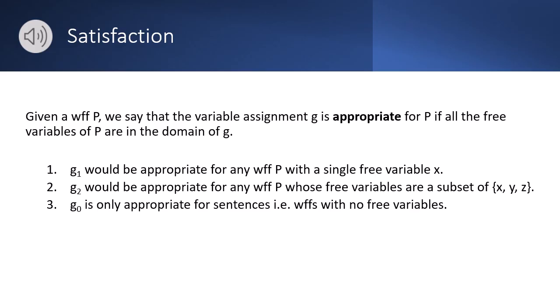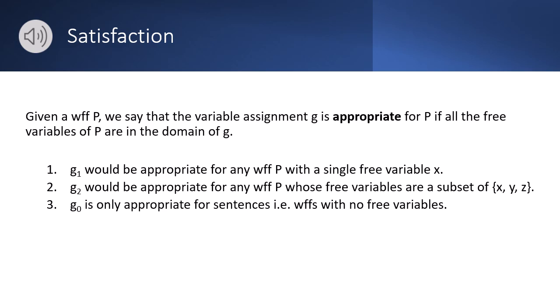So here, given a well-formed formula P, we say that a variable assignment G is appropriate for P if all of the free variables of P are in the domain of G. So any of the variables in this well-formed formula that haven't been quantified over, this variable assignment will assign elements of the domain of discourse to them.